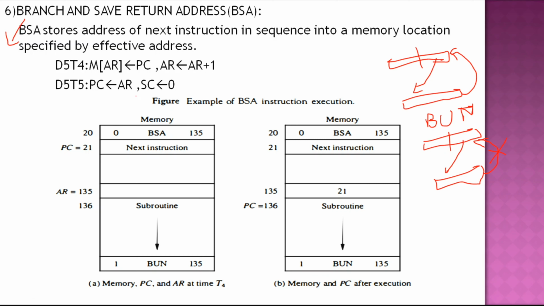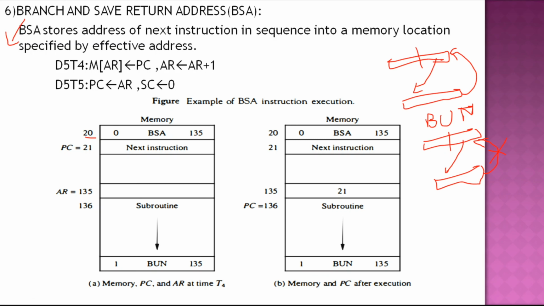So here I consider an example. In the memory at the 20th address we have the BSA instruction. At 135 we have the operation. So PC is equal to 21, that means we hold the next instruction.